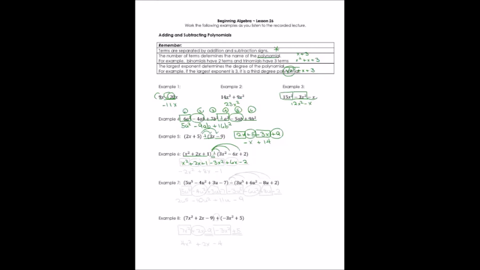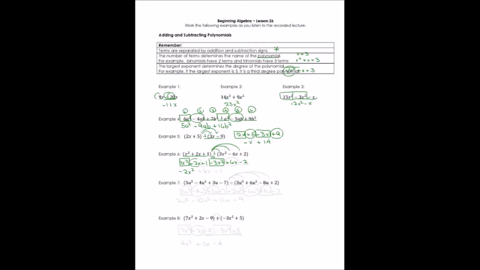Now find like terms. I'll start with the highest exponent, 2x squared minus 3x squared. Well, this is a +1x squared, so it's like saying 1 minus 3, or a -2x squared. I'll subtract and keep the sign of the larger one. The next one is going to be my x terms.